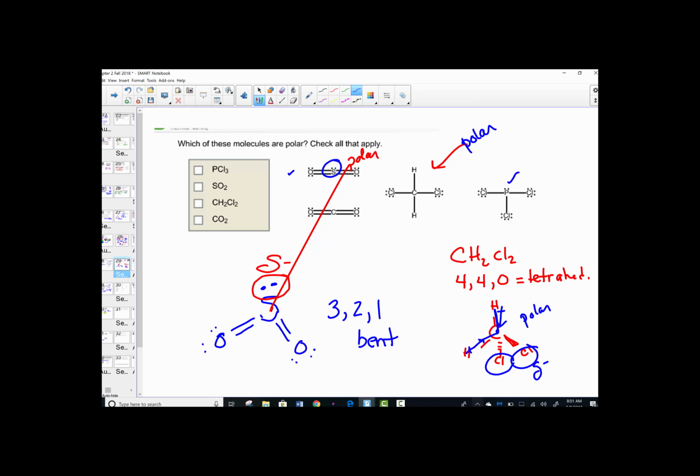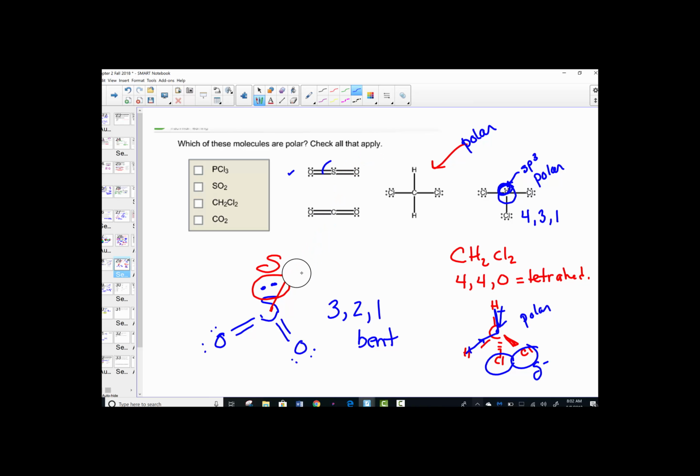This phosphorus is sp3 hybridized, tetrahedral. I can see in terms of the central atom, 4 domains, 3 bonded, 1 non-bonded, that's dash, making the molecule trigonal pyramidal. These electron dots are different than the chlorines in all other directions, making this molecule polar.